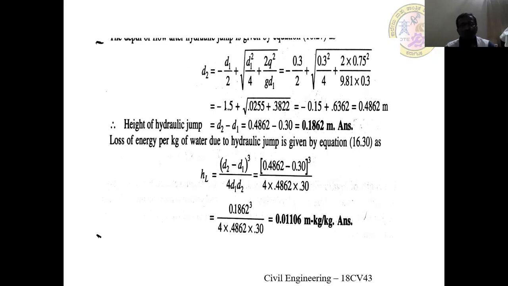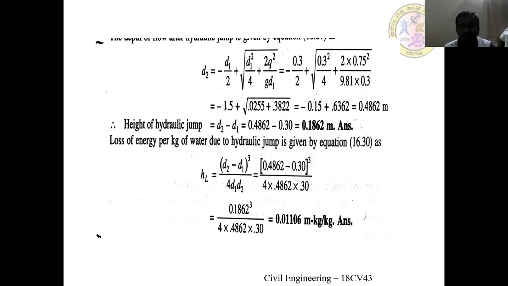We know D1, q and g, so substitute: 0.3 by 2 plus 0.3 square by 4 plus 2 into 0.75 square divided by 9.81 into 0.3, and simplifying, we get 0.4862, which gives the value of D2, the depth of flow after the jump.